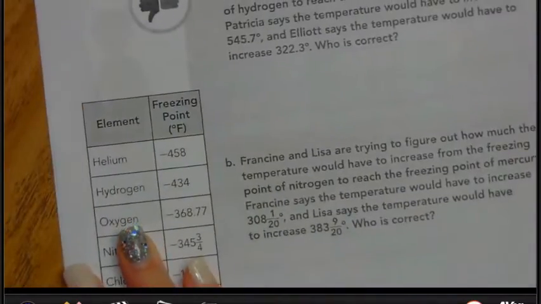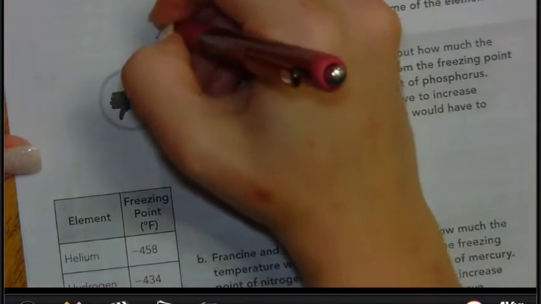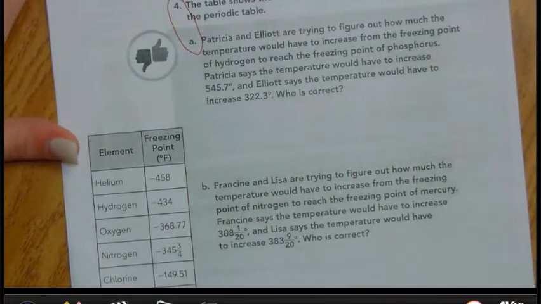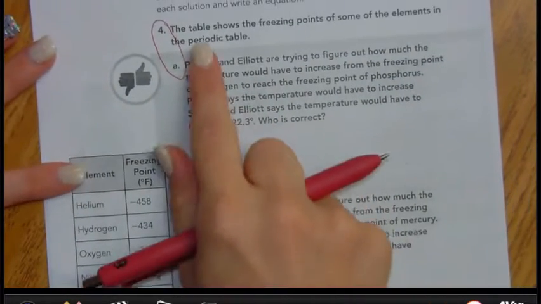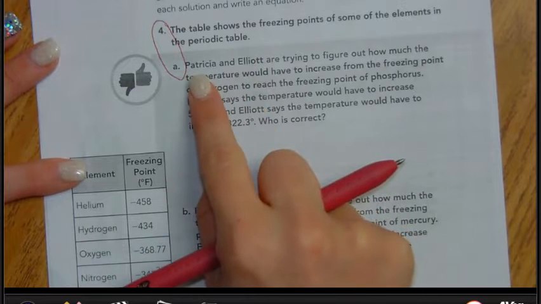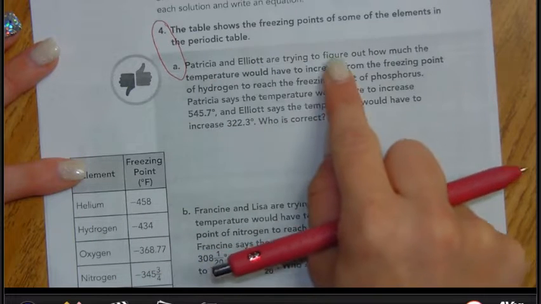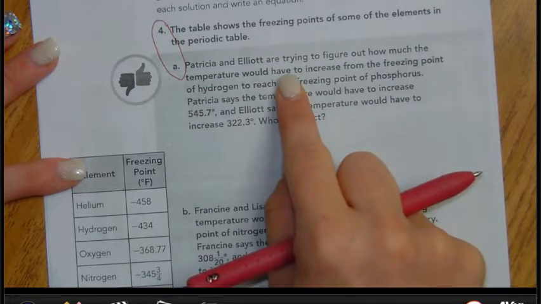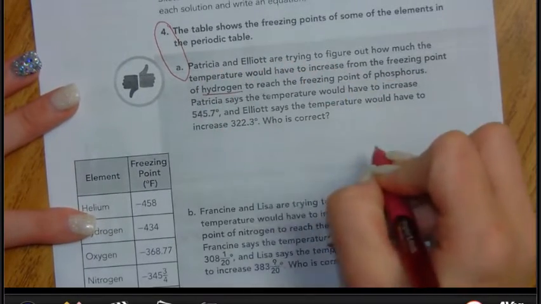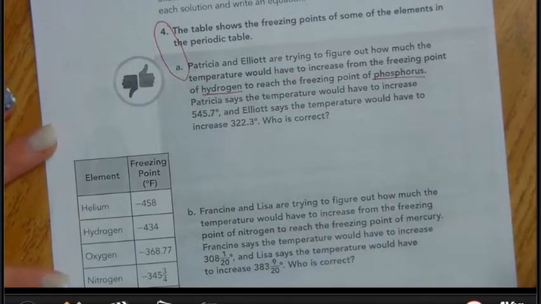All right, let's look at 4A, and we're going to use a number line to help us. The table shows the freezing points of some of the elements in the periodic table. Patricia and Elliot are trying to figure out how much the temperature would have to increase from the freezing point of hydrogen to the freezing point of phosphorus.